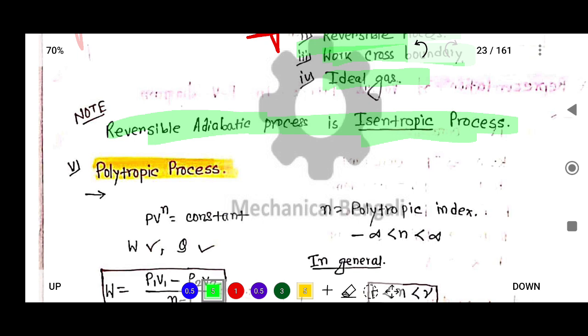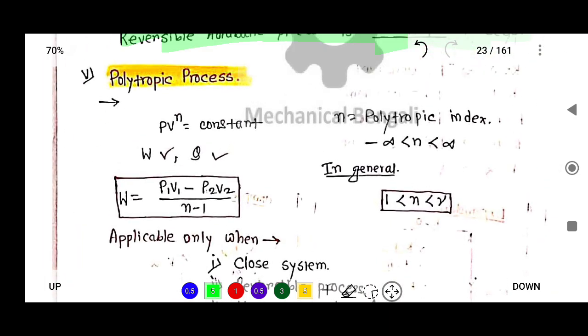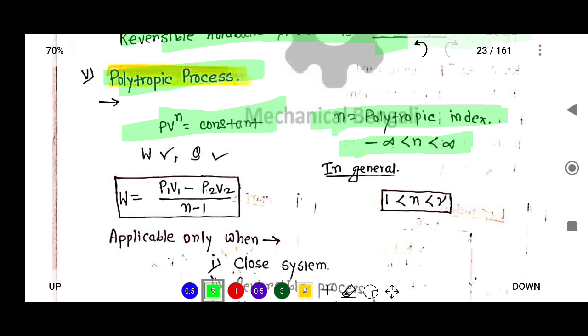Now another process, the polytropic process. A polytropic process is PV to the power n equal to constant, where n is the polytropic index, and n is basically from minus infinity to plus infinity. In a polytropic process, volume changes, work done is also there and heat is also there. But in an adiabatic process, heat is not there; Q is equal to 0.